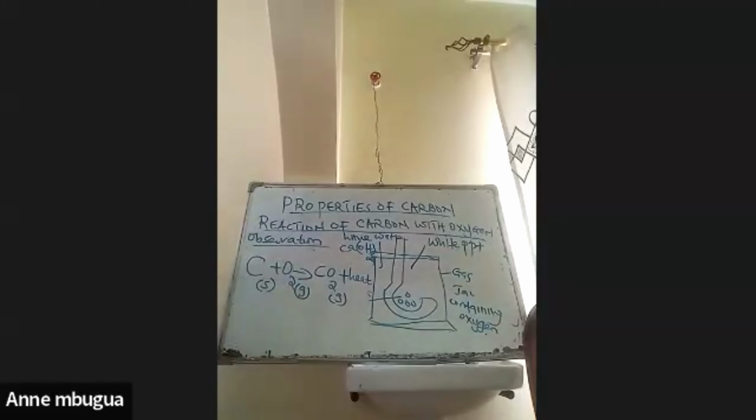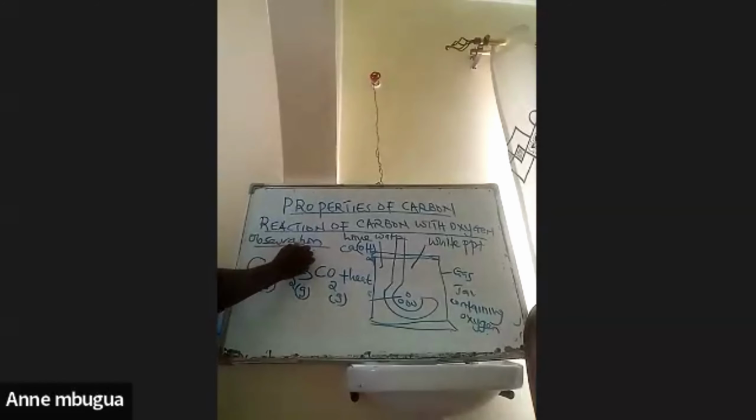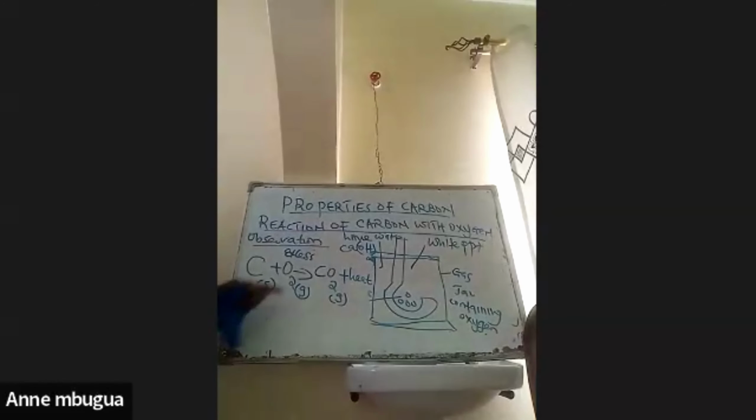If this wood charcoal was being allowed to burn in limited supply of air, the products would not be carbon(IV) oxide, but carbon(II) oxide. If the oxygen was in excess, that's why we have carbon(IV) oxide being formed, because carbon undergoes complete combustion.